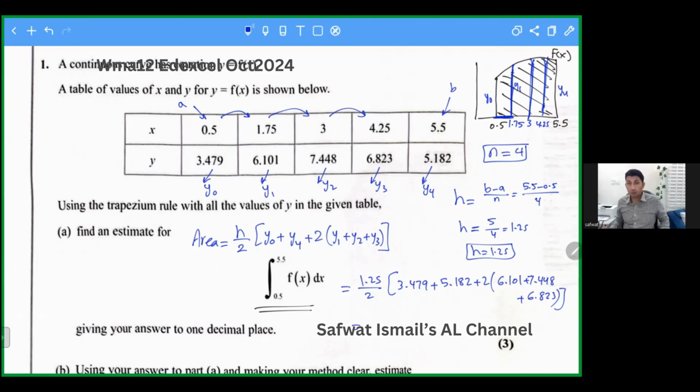Now use your calculator to get the final answer. The final answer is 61.75625. And here it says round the answer to 1 decimal place. So this is approximately 61.8. So this is the answer for the definite integral, and it's the answer for the area between the curve and the x-axis from 0.5 to 5.5.